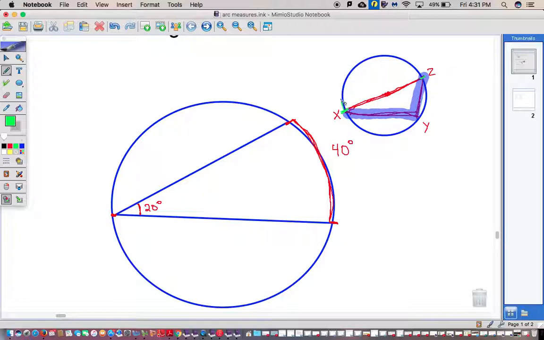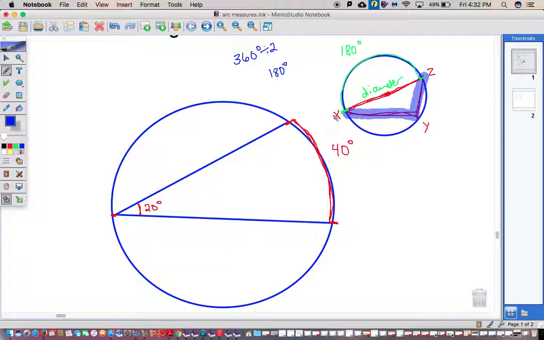And the arc that's formed has a measure of 180 degrees, and we know that because XZ is a diameter, so it's cutting the circle in half. A whole circle measures 360 degrees, so half the circle would be half of 360, or 180 degrees.